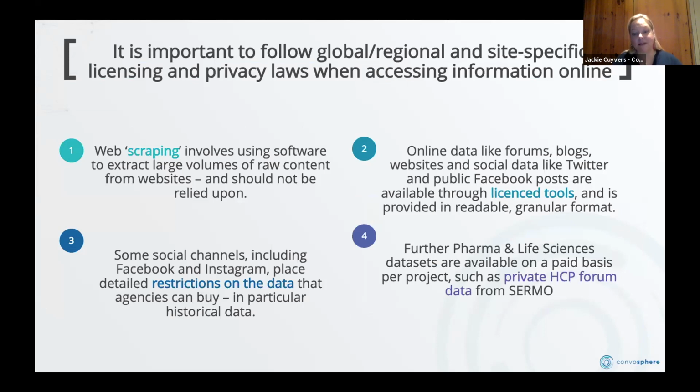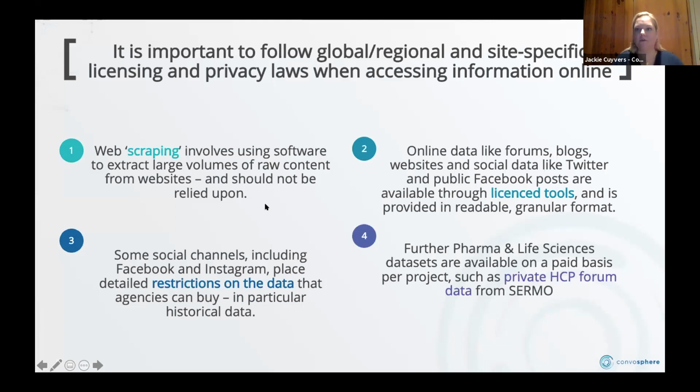The reasons are different restrictions on data privacy that may be global or regional, like California privacy or GDPR, and site-specific licensing. Just going out and scraping content or ingesting content from Facebook violates their terms and conditions. So you don't want to just scrape the data.